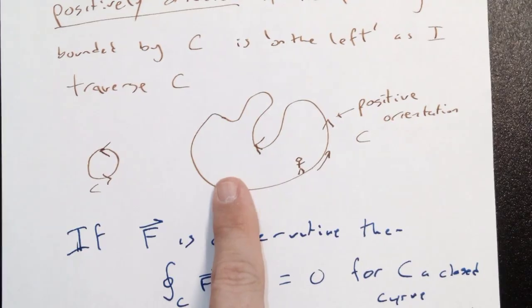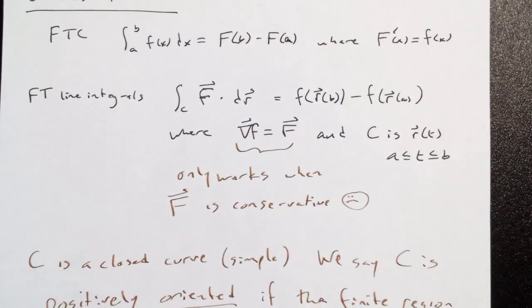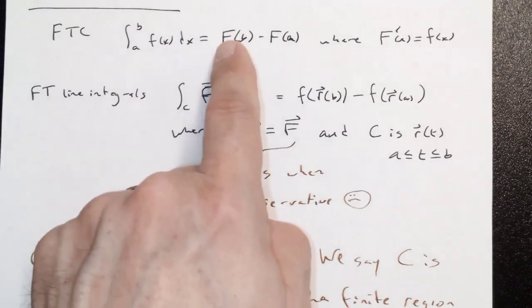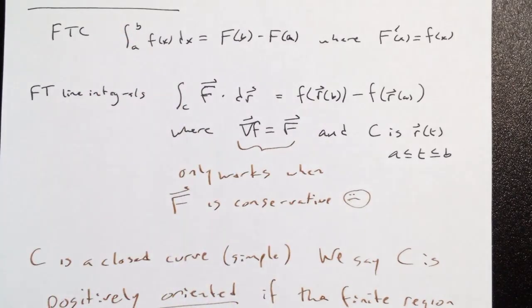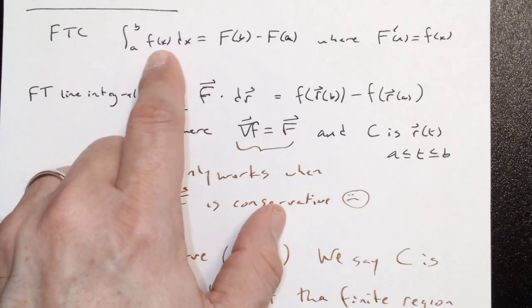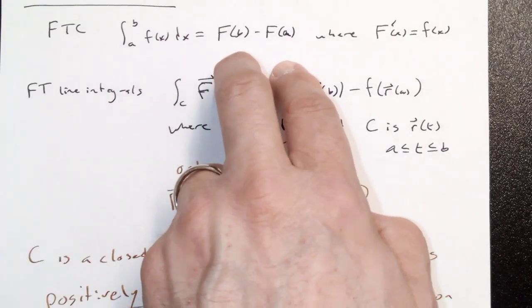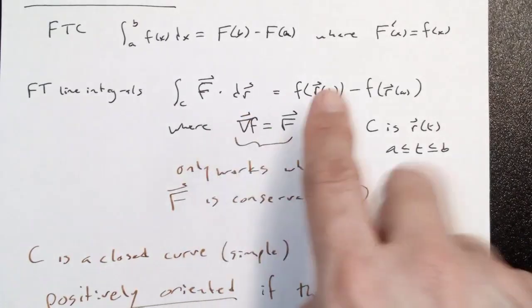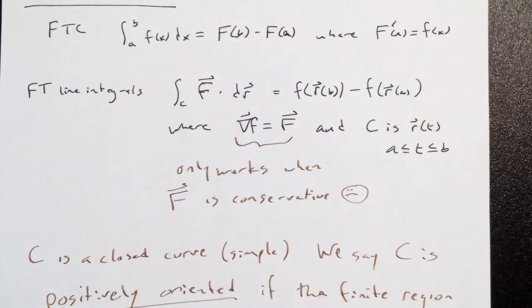That's nasty. But then I go back up here to the fundamental theorem of calculus. The fundamental theorem of calculus says to look at the end to figure out what's going on across the whole interval. The fundamental theorem of calculus says I can do some evaluation in the middle, or I can look at the antiderivative on the ends. This says I can do the evaluation on the end, or I can do it all around the curve, right?